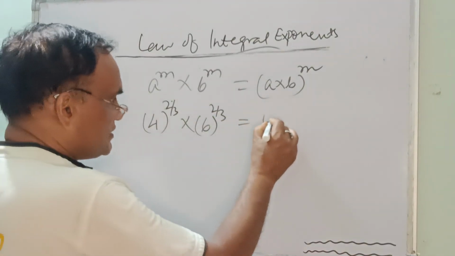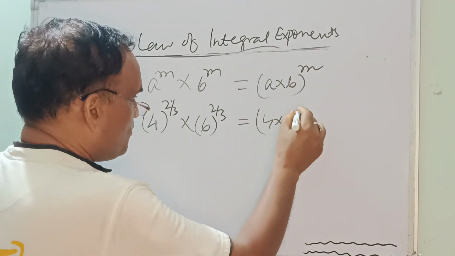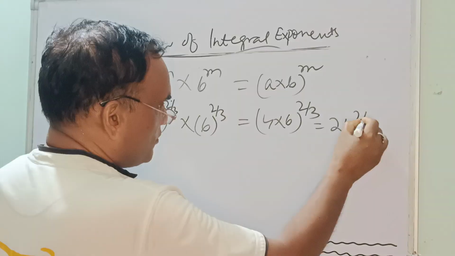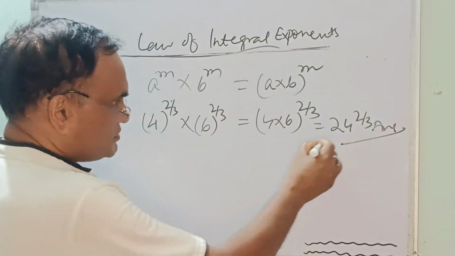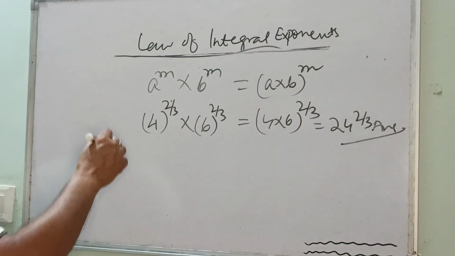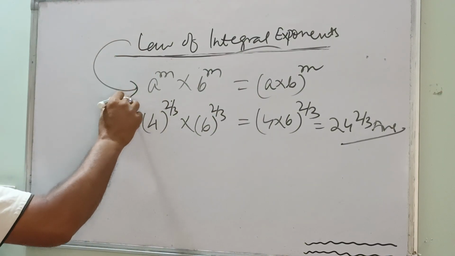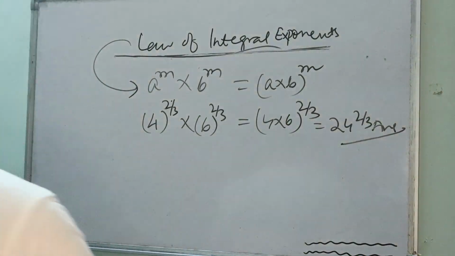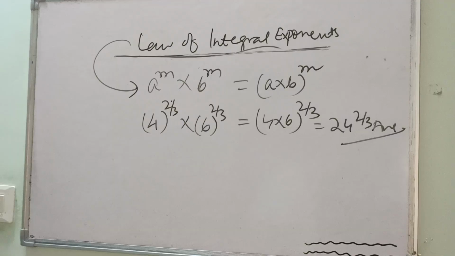You multiply 4 into 6, and the power stays the same, so 24 to the power 2 upon 3 is the right answer. This is another law of integral exponents that you can remember. Write it in your notebook and practice it at home.